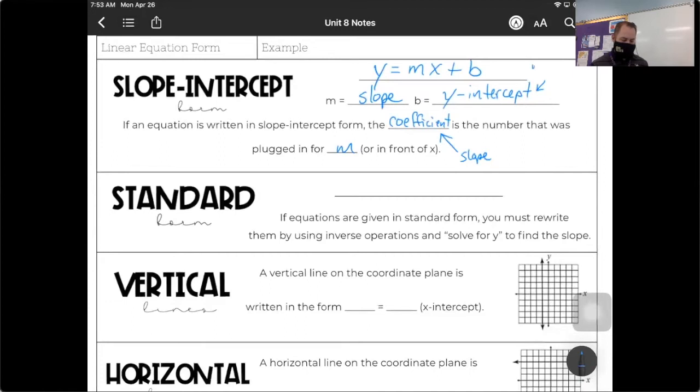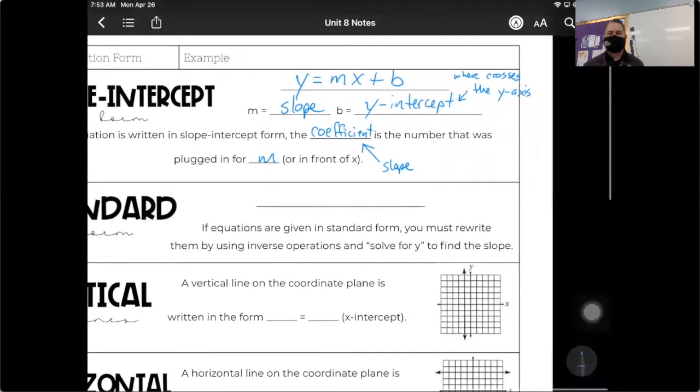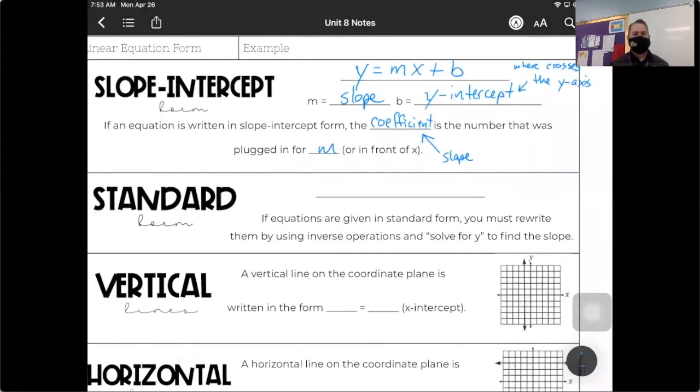That is where the line crosses the y-axis. So it's really easy to graph these in slope-intercept form, because you start by plotting the point b on the y-axis, whatever that number is, put a point, and then use your slope, rise over run, to get a second point, connect them with a line.